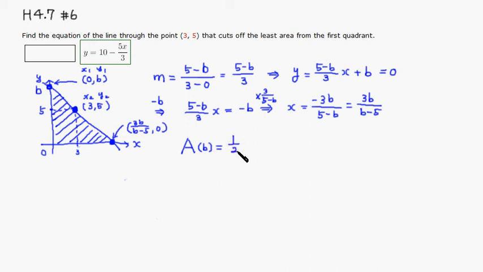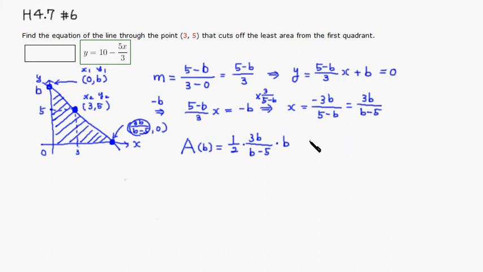So one half, right? The base is going to be the same as the x-intercept right here, so it's going to be 3b over (b minus 5). Then multiplied by the height, which is the same as the y-intercept, so we put b.